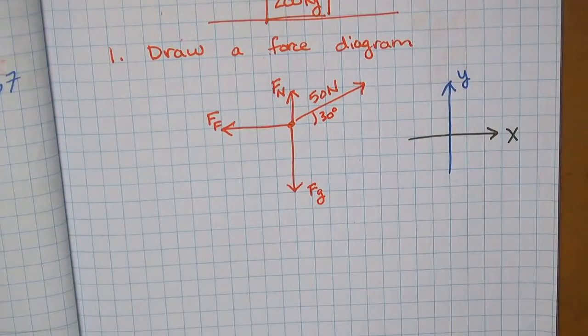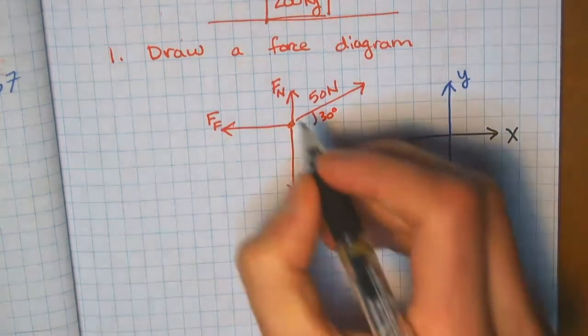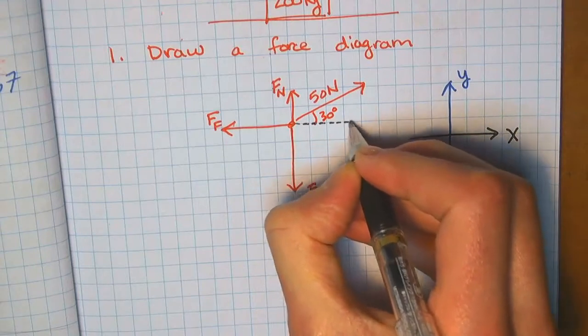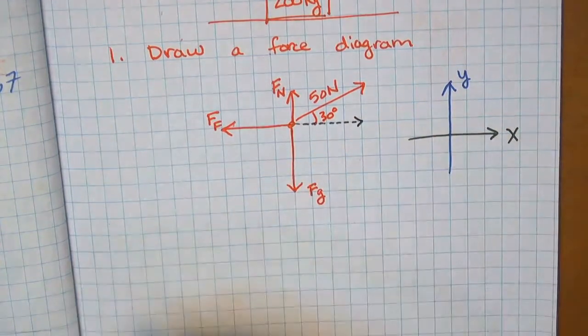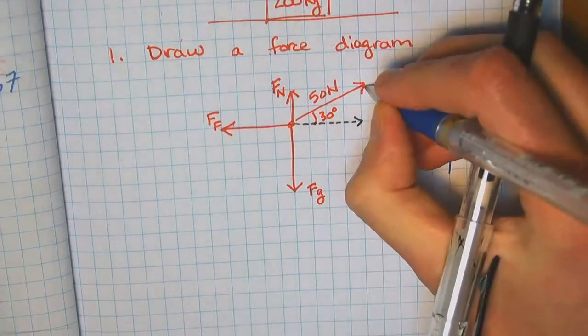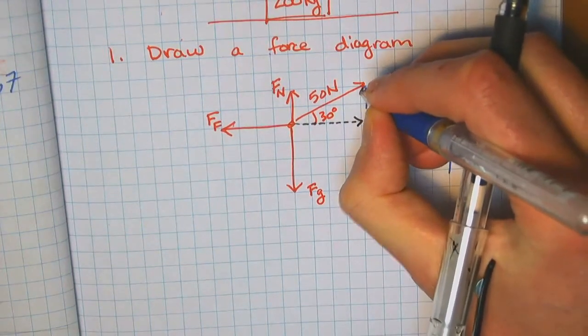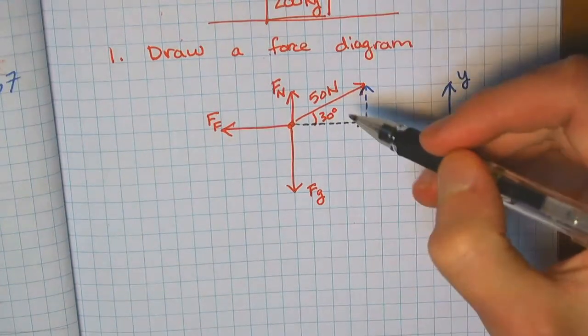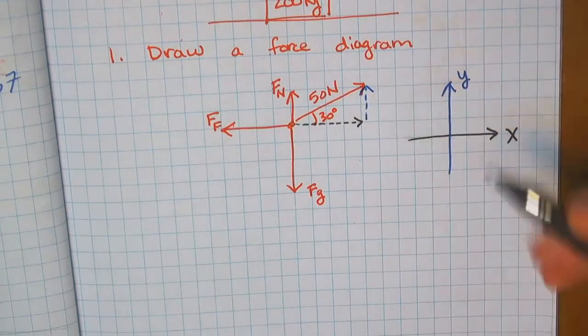When we go to break it into pieces, and if you need to look back on how to do this, you can look at the vector component notes again, you just break it into a horizontal piece, typically using a dotted line, and a vertical piece. That turns it into a triangle, right?